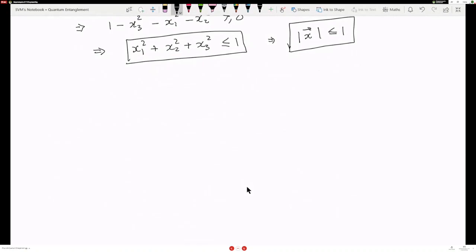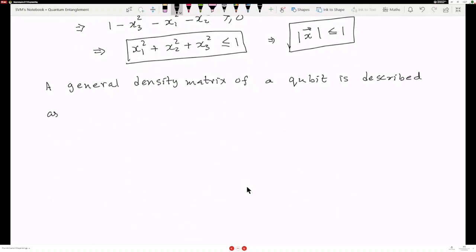So that means a general density matrix of a qubit is described as rho equal to half I plus x vector dot sigma vector, where the x vector has a magnitude that is less than or equal to 1.